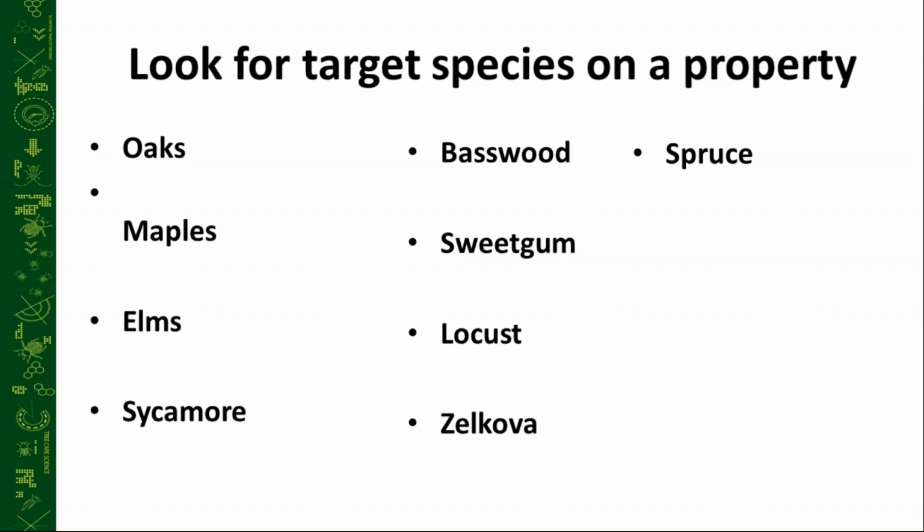And when I'm looking at properties, certainly you can apply this to a whole host of plant material. I think our current application guide has almost 128 tree species. But what I'm really looking at are kind of these target plant species like oaks, maples, elms, sycamores, basswood, sweet gum, locust, zelkova, and spruce. And I mentioned spruce in particular in the upper Midwest.